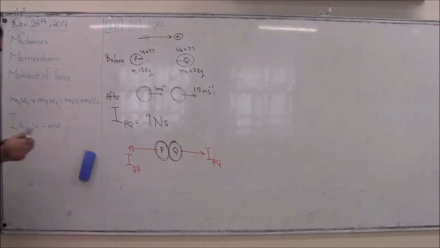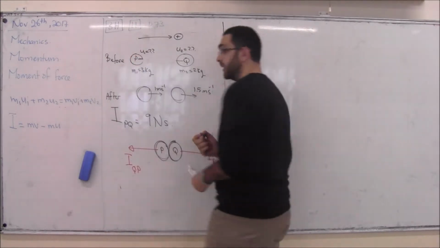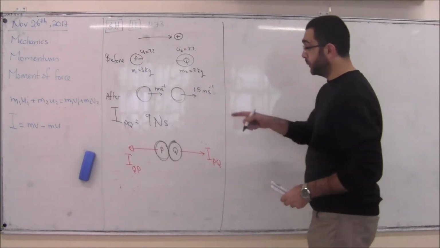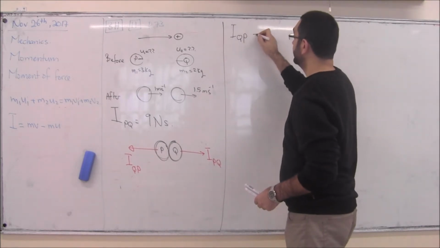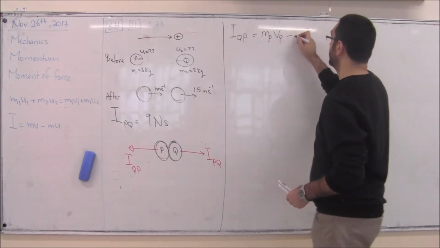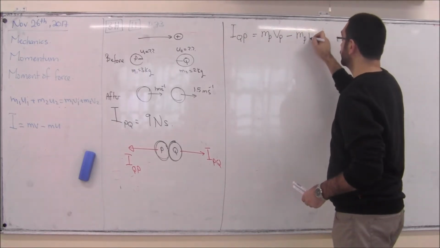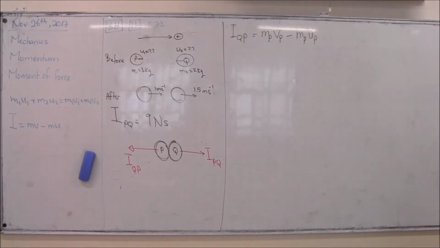Let's start with P. For P, impulse of Q on P equals M_P V_P minus M_P U_P. Be careful: I'm using this because impulse is used for a single particle, not for the system.